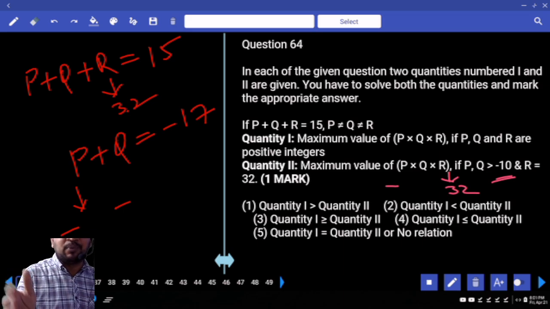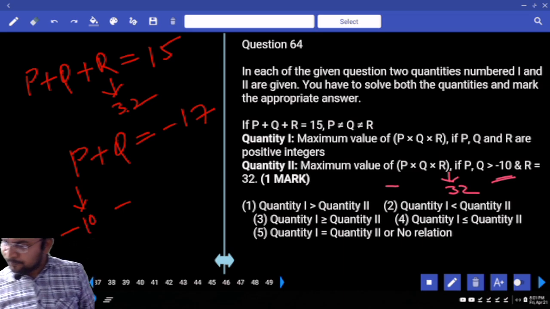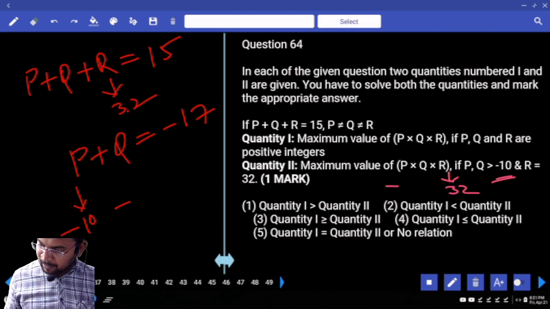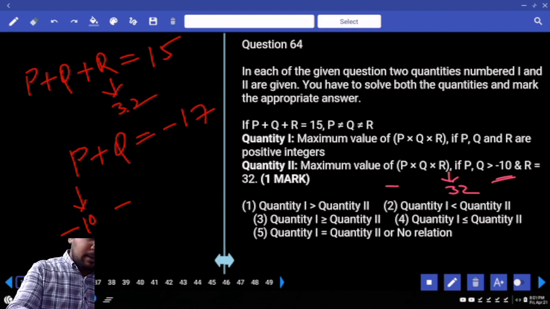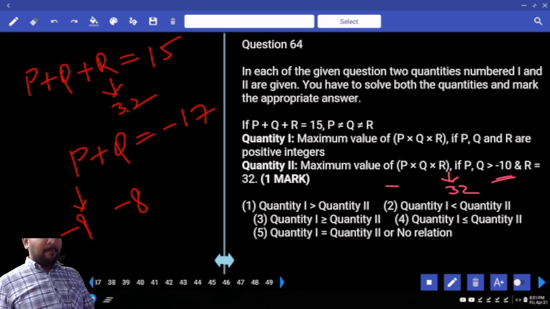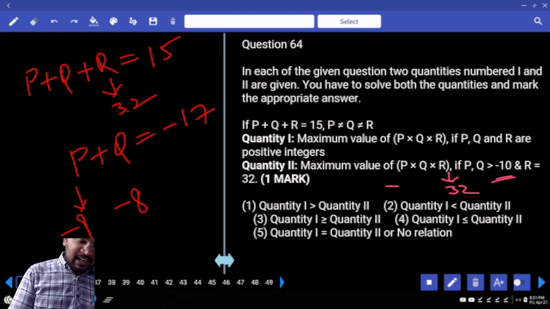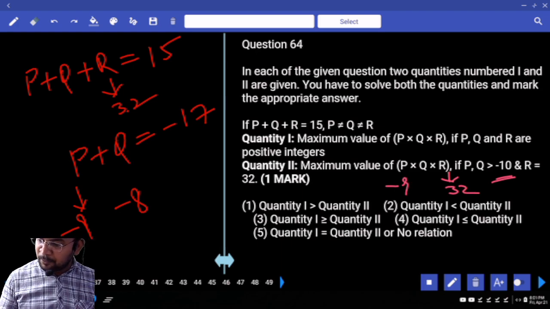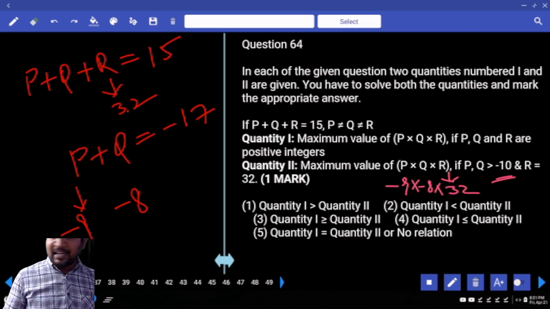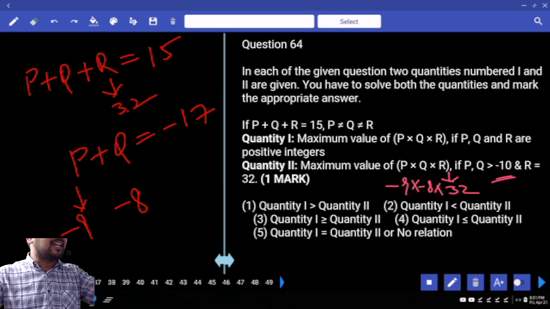Say for example, this is minus 10. Greater than minus 10 is nothing but not minus 10. Minus 9. Minus 8. Minus 9 and minus 8 are greater than minus 10 na? And if you go for minus 9 into minus 8 into minus 32, minus plus na? 9 into 8 into 32 will get larger value na?